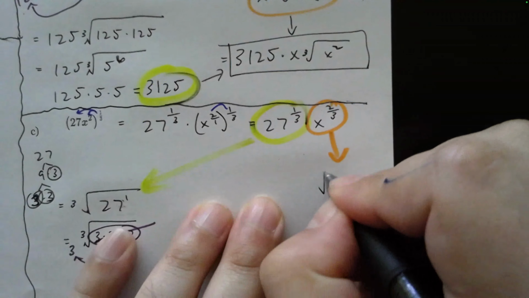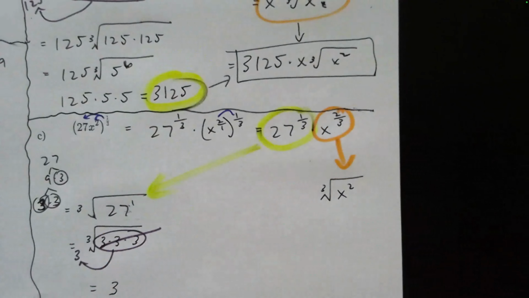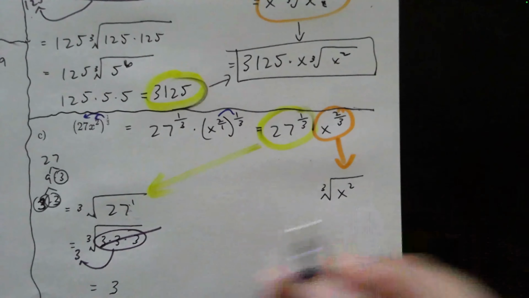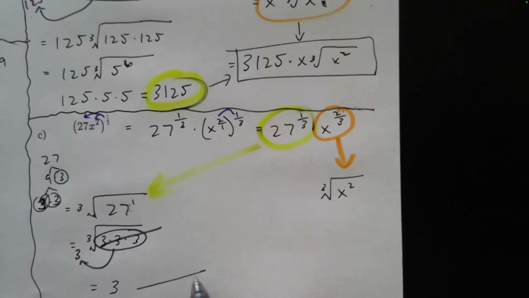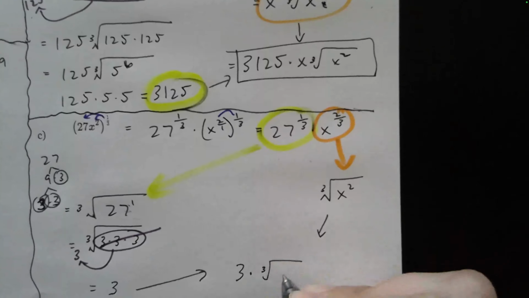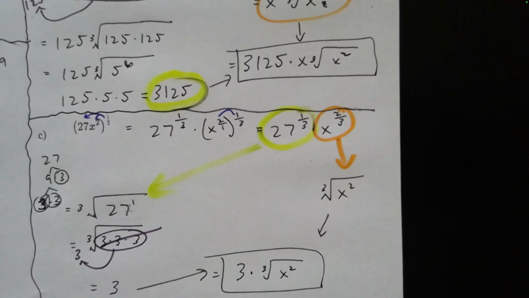Over here, you get x squared, looking for groups of 3. You don't have enough. So put these two guys together, and you're done. You are done.